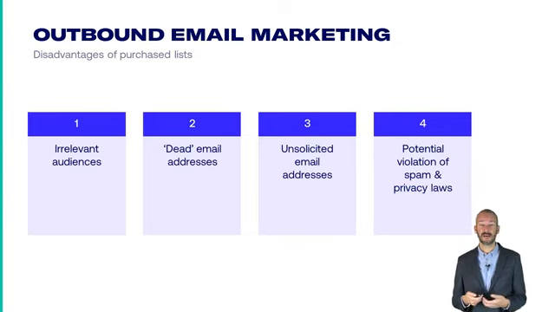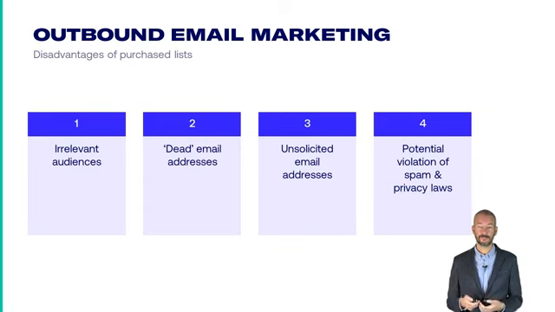Number two, and it's a bit morbid, I apologize, but dead email addresses. These may be email addresses of people who literally may be deceased, and or emails that just haven't been used for a long time. We have a long history of using email. Globally, there have been countless email providers. People have made their own email accounts on their own web servers.